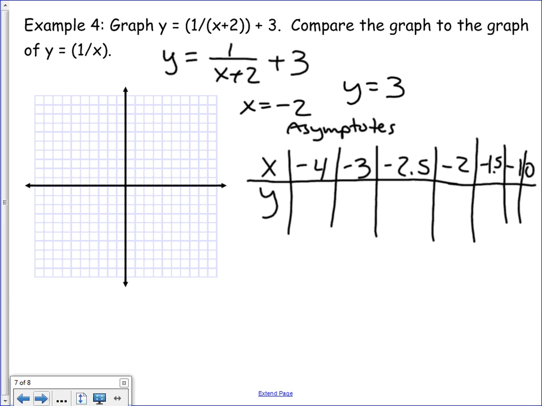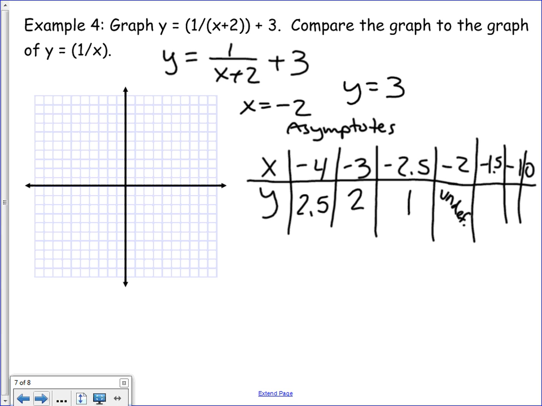Now, when x is -4, we have 1 divided by -4 plus 2 is -2, so that's -1/2 plus 3, and that's going to give us 2.5. When x is -3, that's going to give us 2. When x is -2.5, that's going to give us 1. When x is -2, that's our asymptote, and that's where it's undefined, because the denominator would be 0, which we can't do.